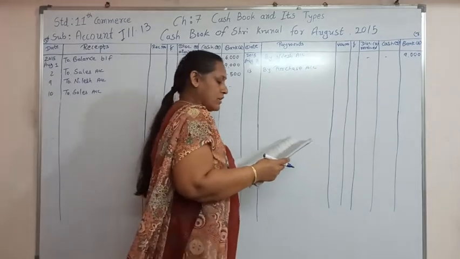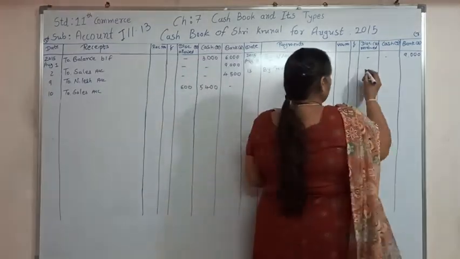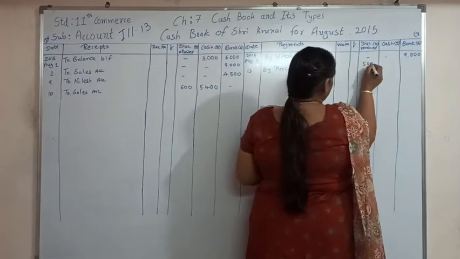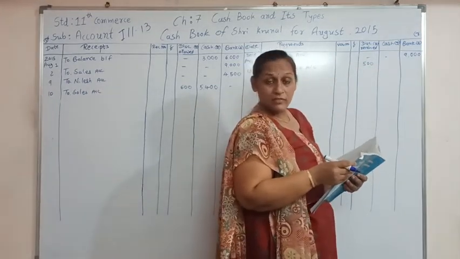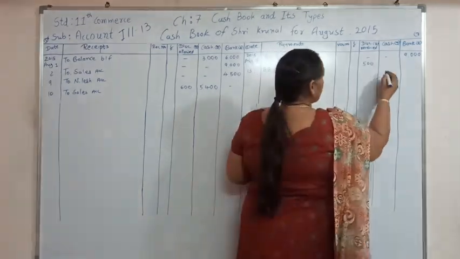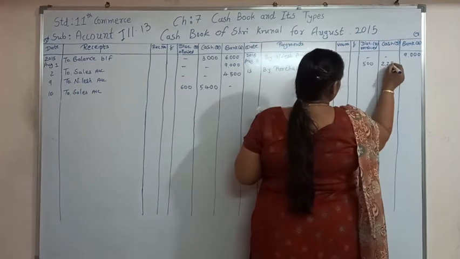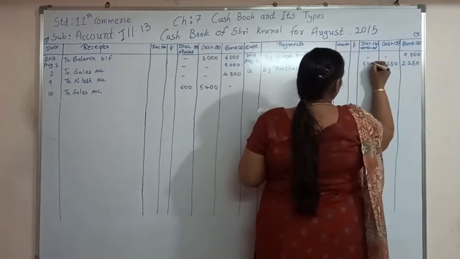Now here 5,000 goods and 10% cash discount, so that will be 500, and the remaining 4,500 will be half cash and half check. So 2,250 is the cash amount and 2,250 is the check.